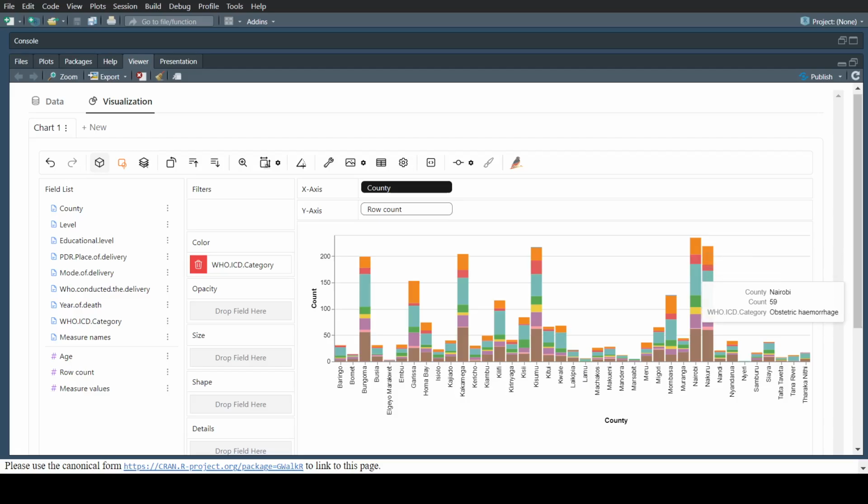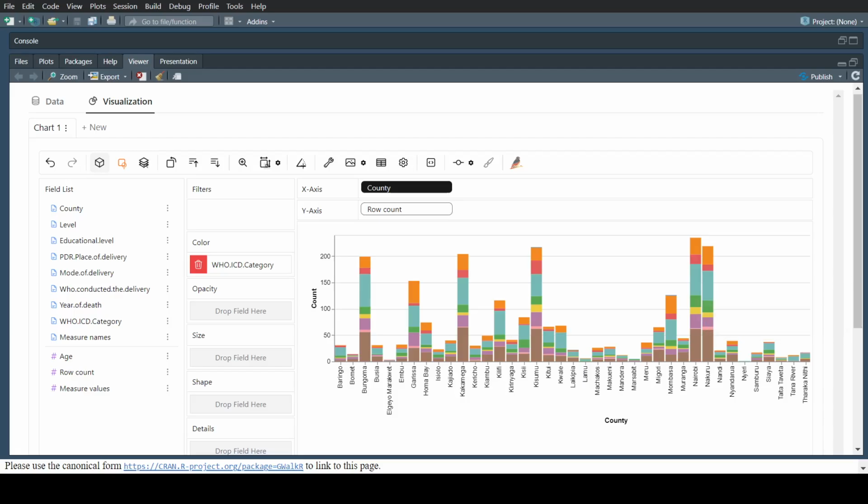Here in Nairobi, most of the deaths were due to obstetric hemorrhage and hypertensive disorders. Same thing in Nakuru, hypertensive disorders including eclampsia and preeclampsia. So you can see again the same story.